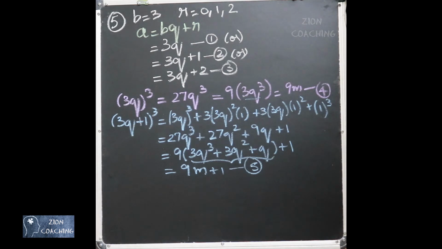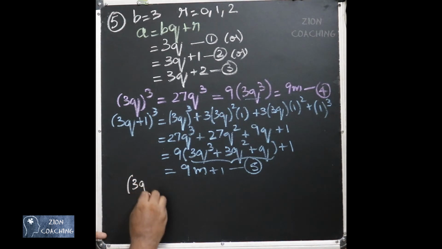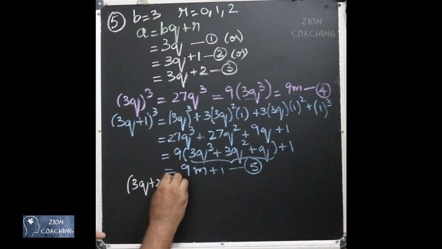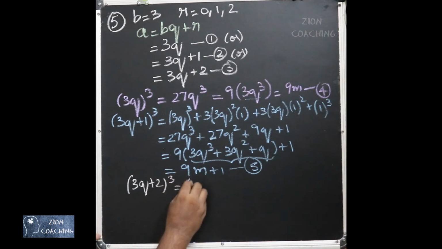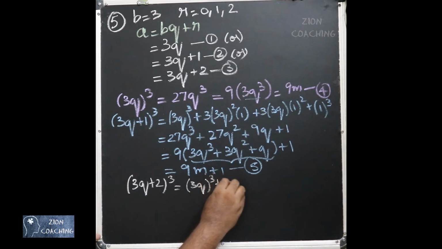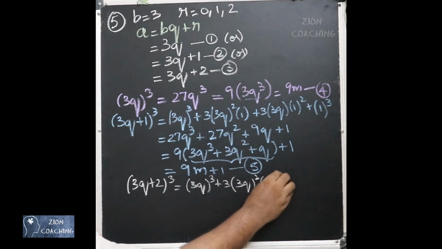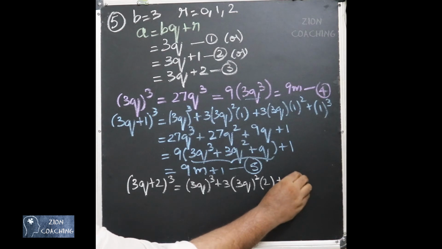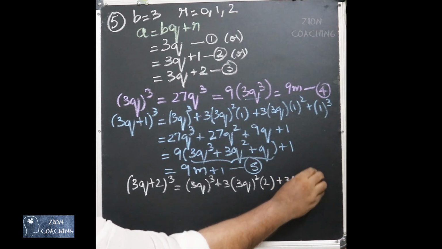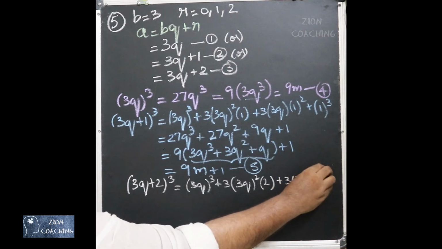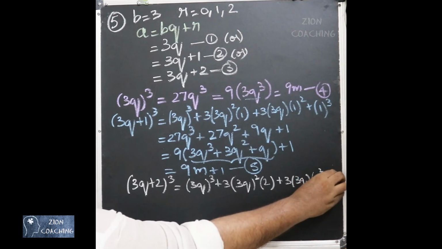Now we are going to cube the third one. The third one is 3q plus 2, the whole cube. That is going to be a cube, which is 3q the whole cube, plus 3 into 3q squared into your b value, that is 2, then plus 3 into your a value into b squared, that is 2 squared, plus b cube, that is 2 cube.